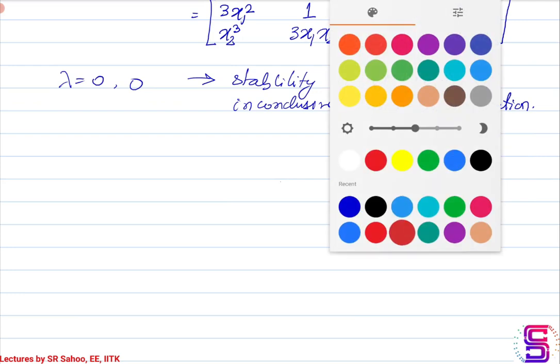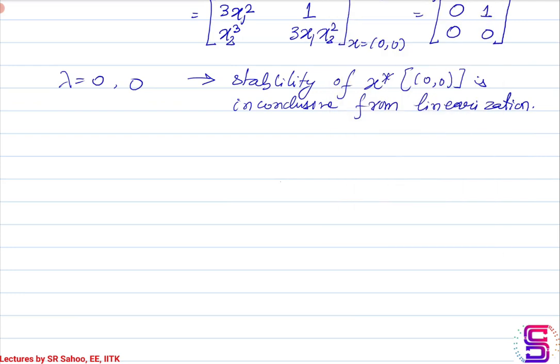Okay, now let us take another example. x1 dot is x2 and x2 dot is minus x1 plus x1 cube by 6 minus x2.